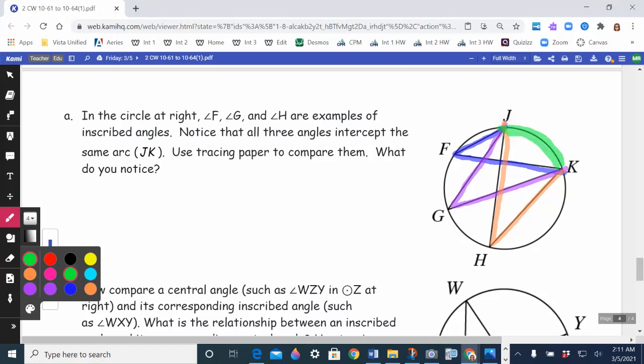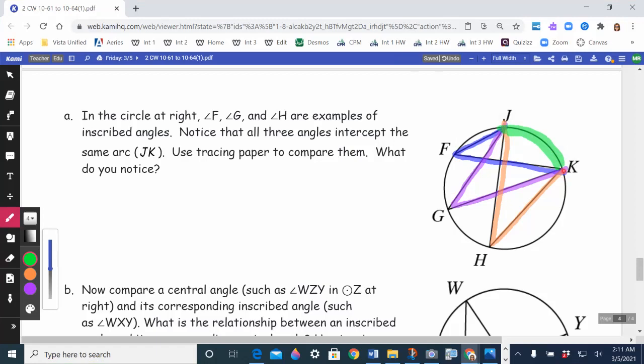All of them form this arc JK. So you'll notice it's JFK, it's JGK, it's JHK.